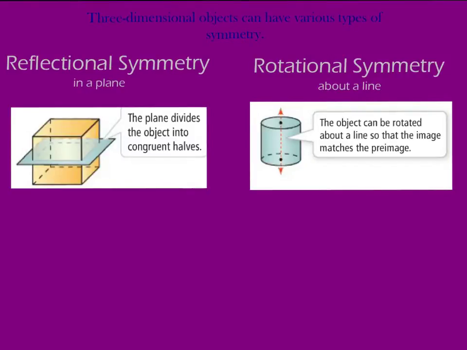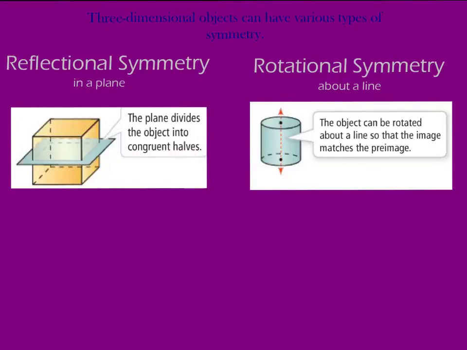Now we also have symmetry within 3D objects. And this is a little bit harder to see simply because it's not flat on paper. You have to really think about it. But within 3D objects, you have reflectional symmetry and you have rotational symmetry. Reflectional is when you can slice it into congruent halves.